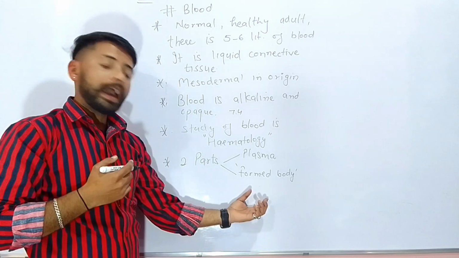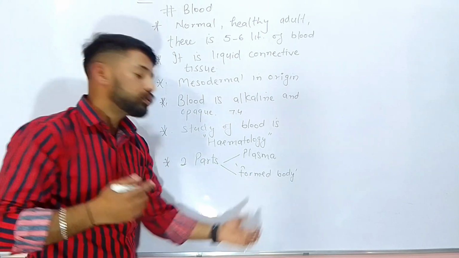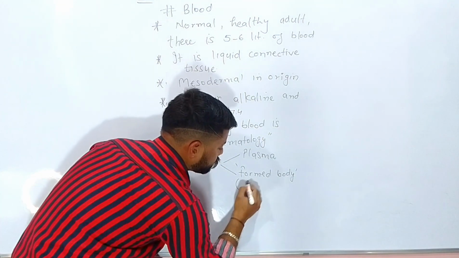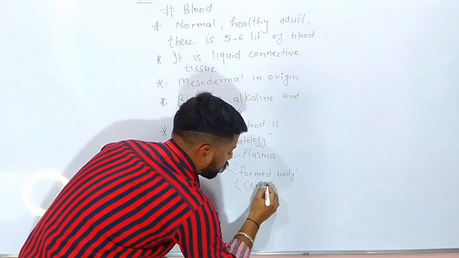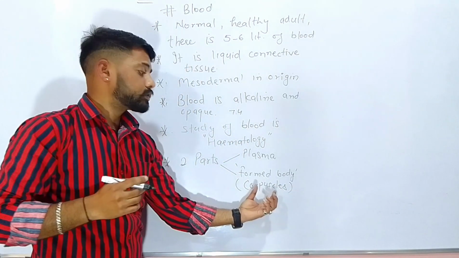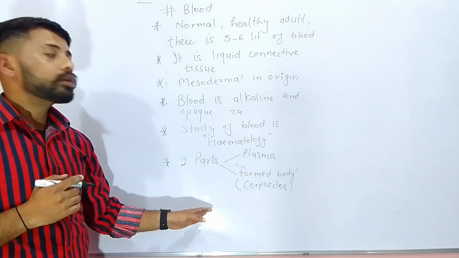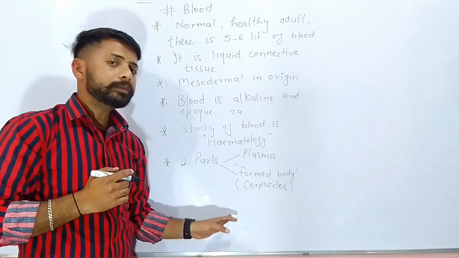So these formed elements or bodies which are present in the plasma are actually the corpuscles. That means the corpuscles are the cells which are present in the plasma. So this was basic information about the blood.